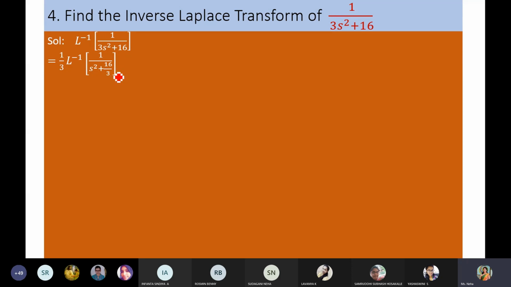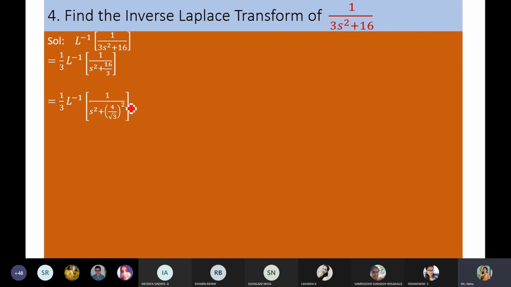So what will you do? In order to make the numerator 4 by root 3, we will multiply and divide by 4 by root 3. I have written 16 by 3 as 4 by root 3 whole square.